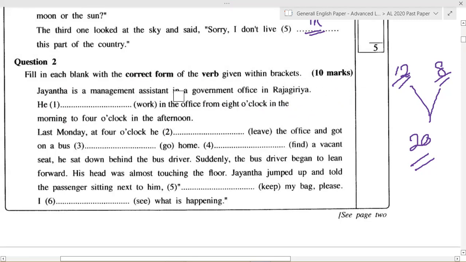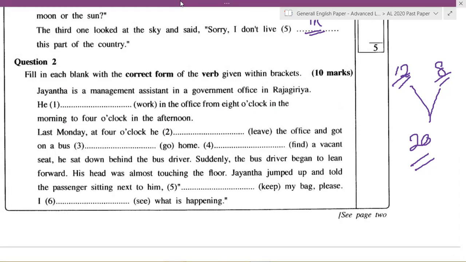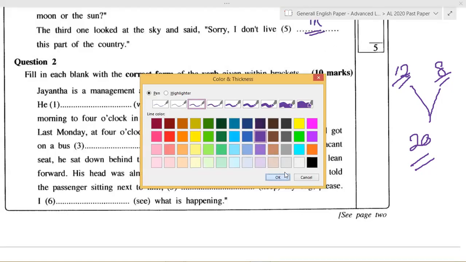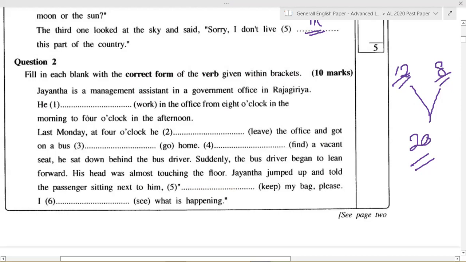So this tense is the simple present tense, and the sentence should be correctly created in simple present form. So he is singular, so it's not work. He works in the office from 8 o'clock in the morning to 4 o'clock in the afternoon. Full stop. That's done. Let's check the next one.